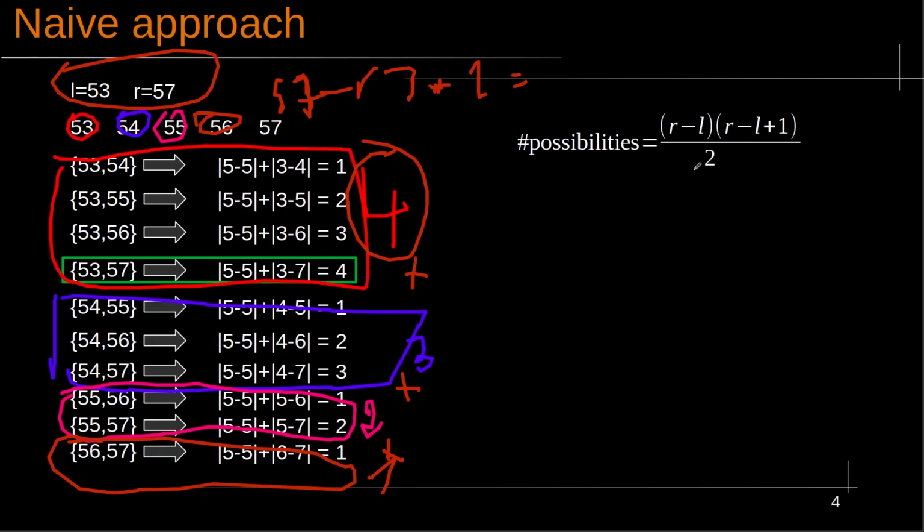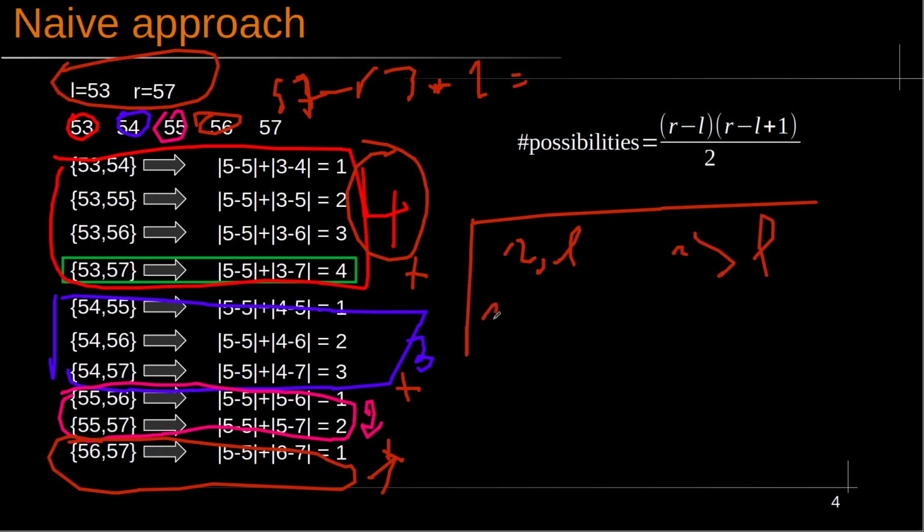So we can say that for two integers R and L, such that R is greater than L, the number of integers is equal to R minus L plus 1.